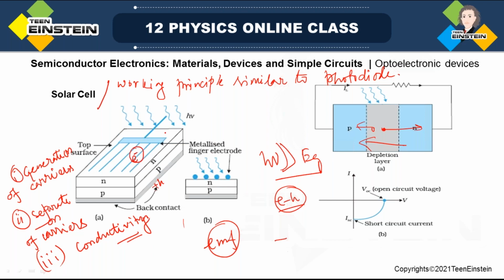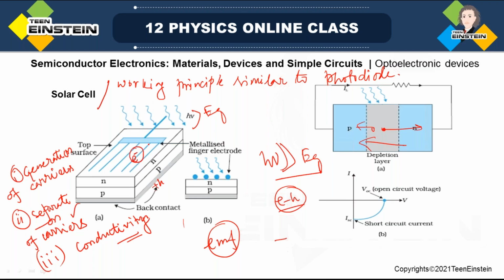I'll just tell you briefly once again. When a solar cell or photovoltaic cell is illuminated by solar light, what happens? If the energy is greater than the band gap energy, then electron and hole pairs are generated.